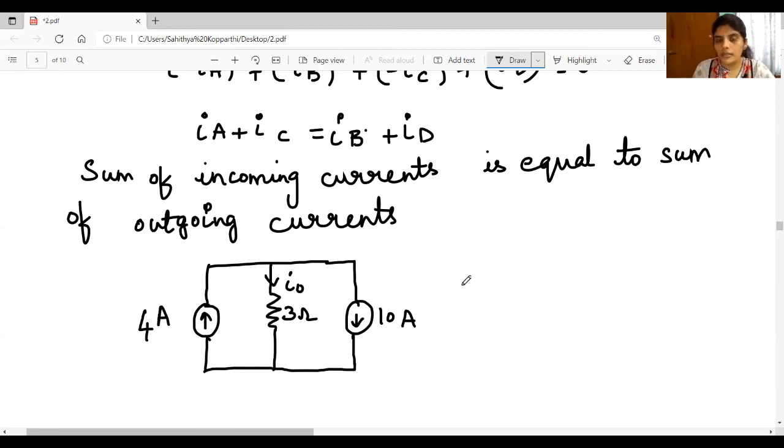Now I assume the directions. See, there is one node here, let this be node A. So apply KCL at node A.